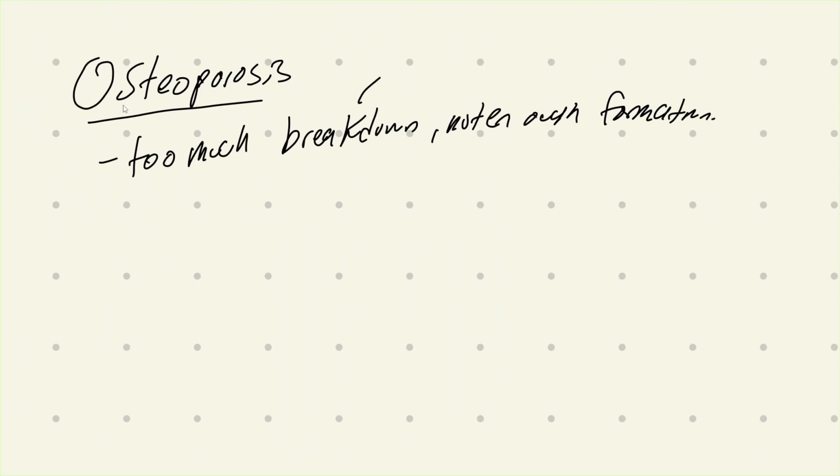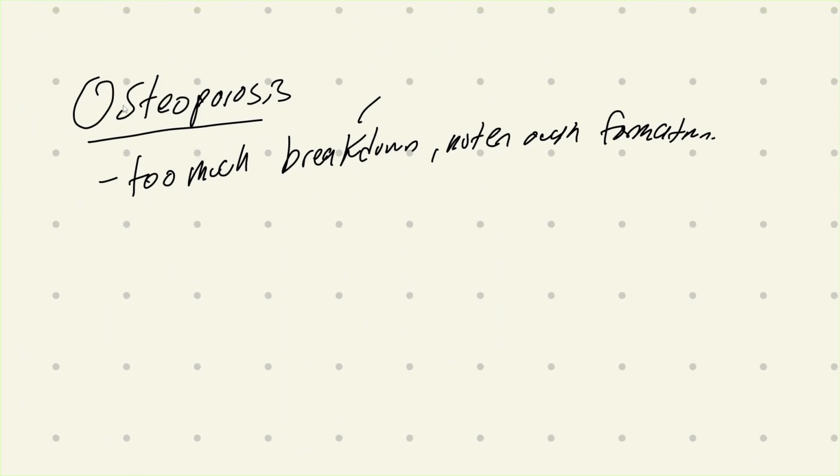So too much osteoclast activity, and not enough osteoblast activity. This means if you're breaking down your bone too much, your bones are too fragile. You have a predisposition for fractures.